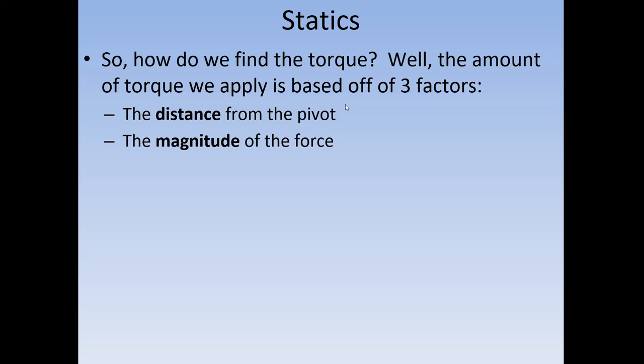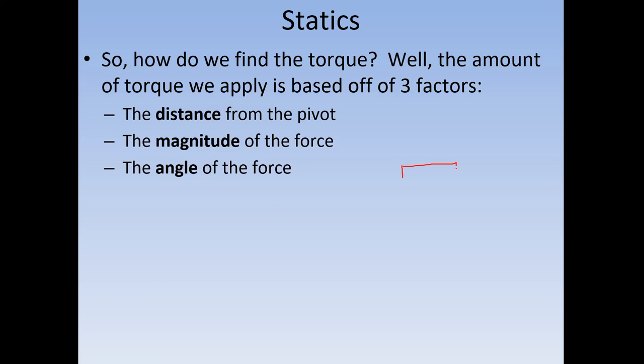Now, there is a third one that you might not have thought of, and it's the angle that the force is acting at. This one's a little hard to do on the door, at least having a force act at an angle, mainly because the hand almost naturally pushes perpendicular. But what you can do is try pushing on the door in the plane.